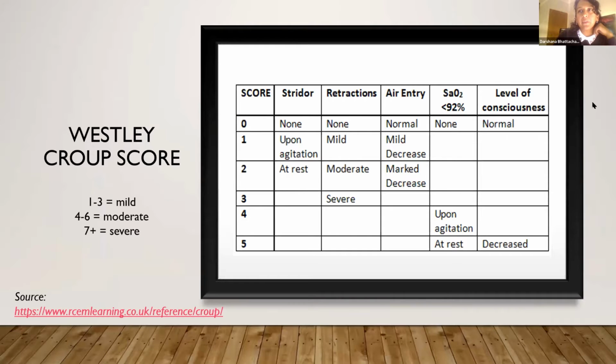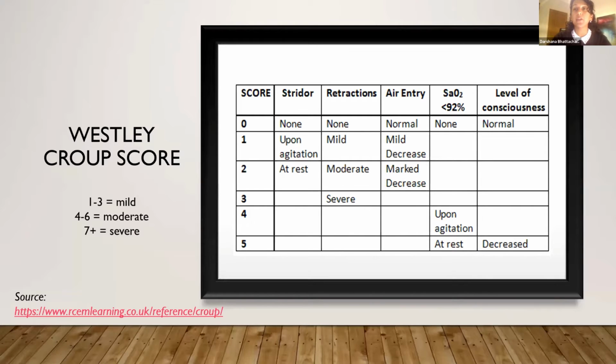So there is quite a convenient Westley croup score that you can use if you're less familiar with croup, and this is widely available. There's a little reference in that bottom left-hand corner, and this really can help to give you an idea of the severity of the illness that's in front of you. So the bottom line is, if the child has stridor the whole time and is working hard and looks unwell, then really they are severe.